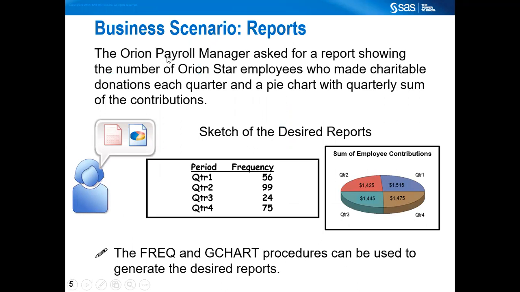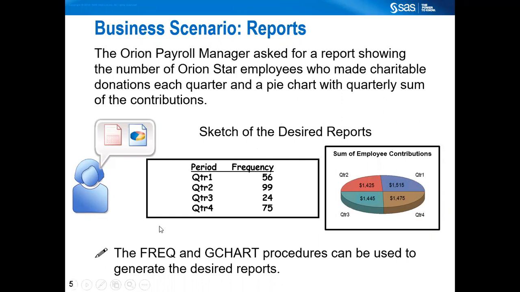The Orion payroll manager asked for a report showing the number of Orion Star employees who made charitable donations each quarter and a pie chart with the quarterly sum of the contributions. So we are going to use procedures called PROC FREQ and PROC GCHART.